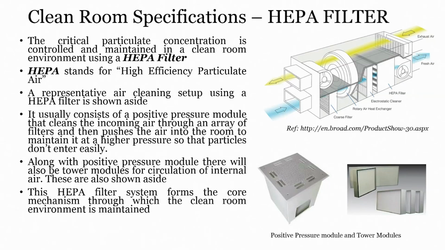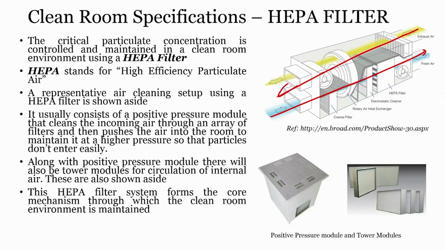So generally it works like this. There is an exhaust air that goes through here, and there is a coarse filter, a rotary air heat exchanger, an electrostatic cleaner, a HEPA filter, and the fresh air goes like this, the exhaust air goes back, right, and this is how it works.